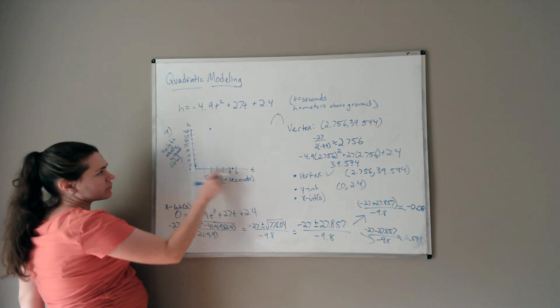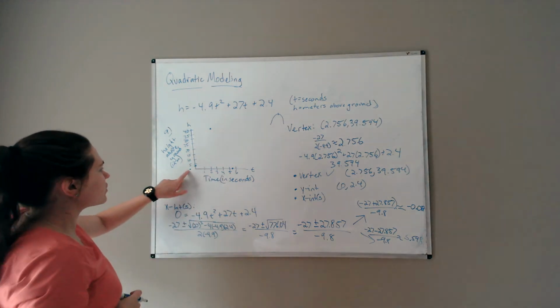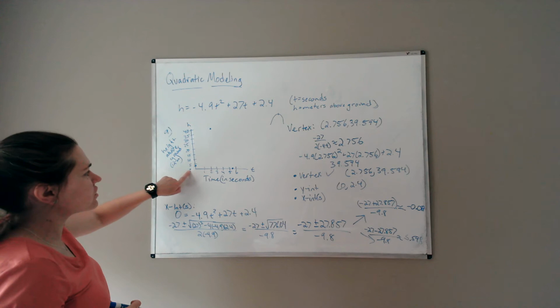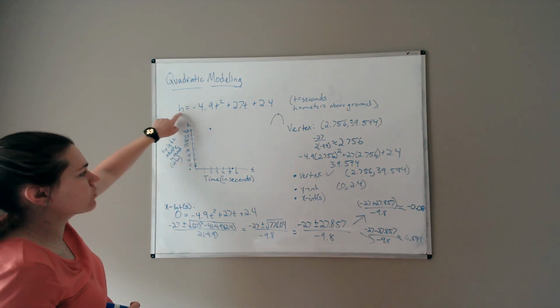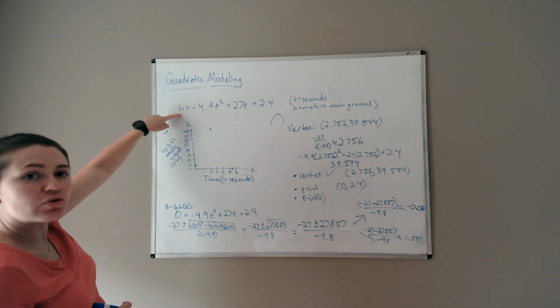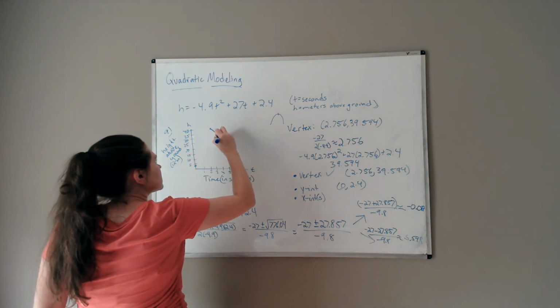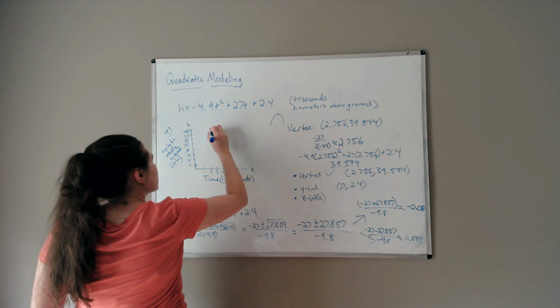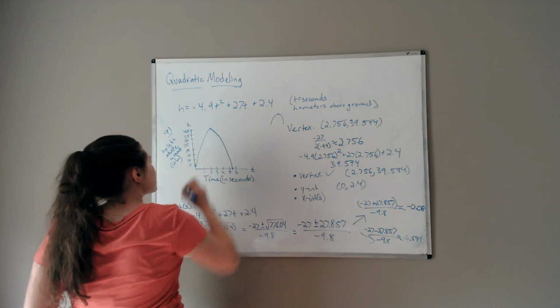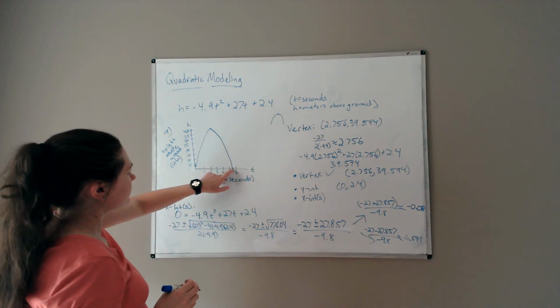Remember, these are equidistant from the vertex, but there's no point in showing the other one because it has no context to the real world situation that we're using this model for. So we don't really need to sketch that. Okay, so there we go.